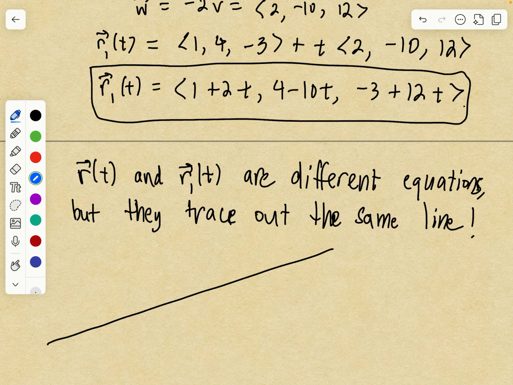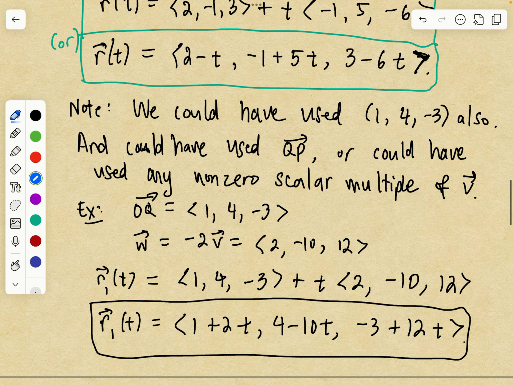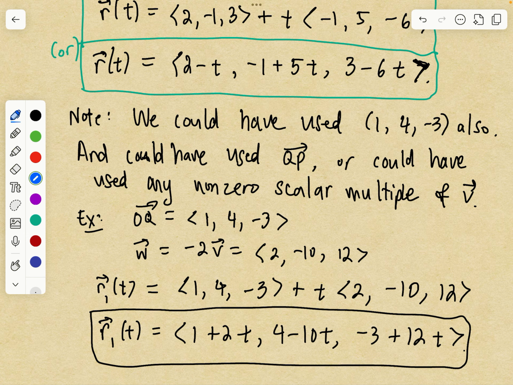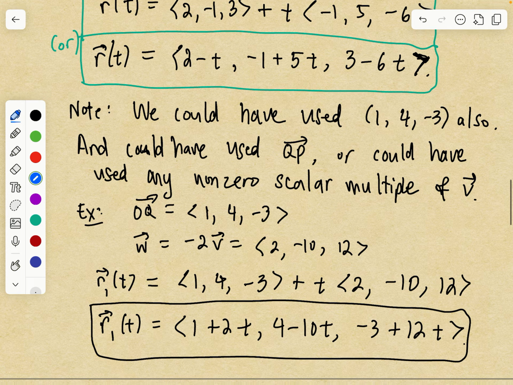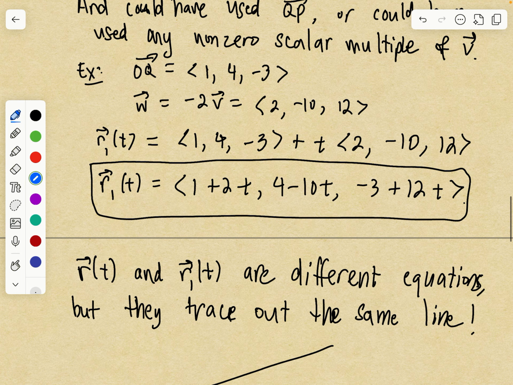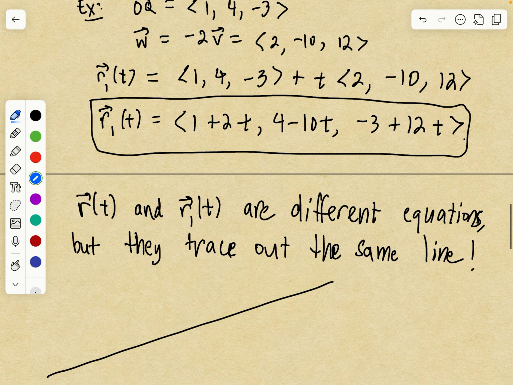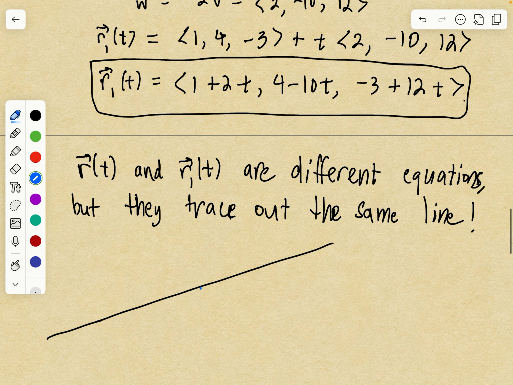A parametric equation, if you think of t as time and R of t as the position at time t, is like a car going along the freeway. So for instance, at t equals 0, you might be here. At t equals 1, you might be here. And at t equals 2, you're here.